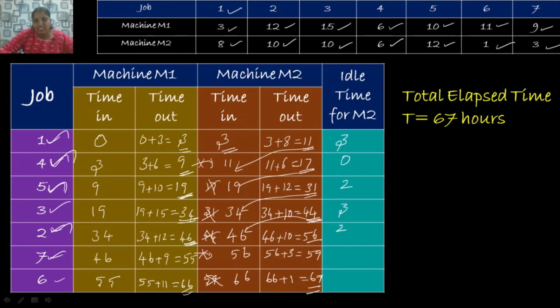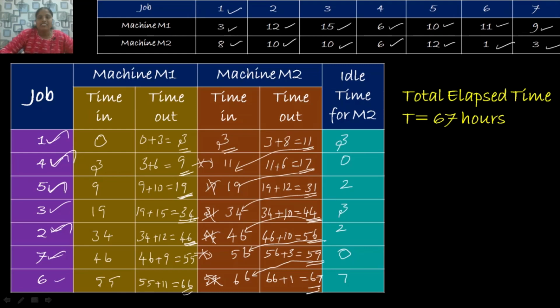Next, at 56 hours it has completed its processing time. Immediately it gets a job at 56 hours. So here there is no idle time. At 59 hours it has completed its processing time, but at 66 hours only it gets a job to process. So totally here it has to wait for 7 hours.